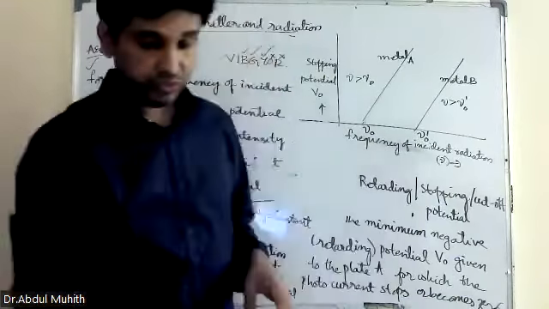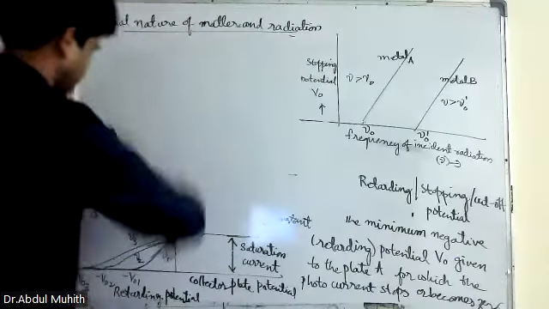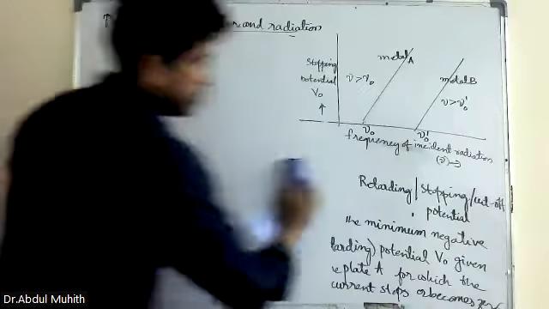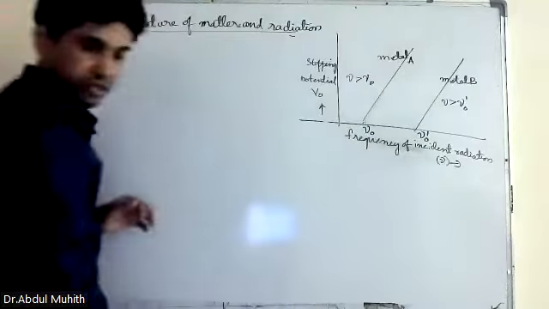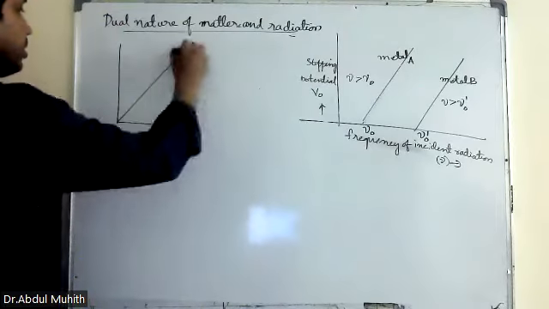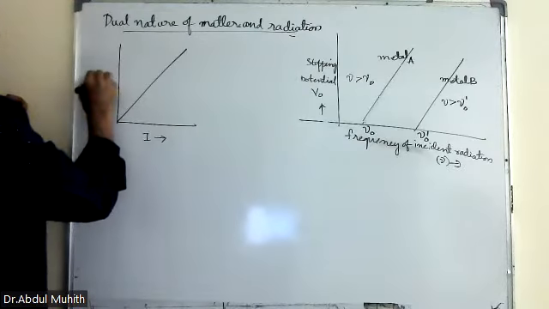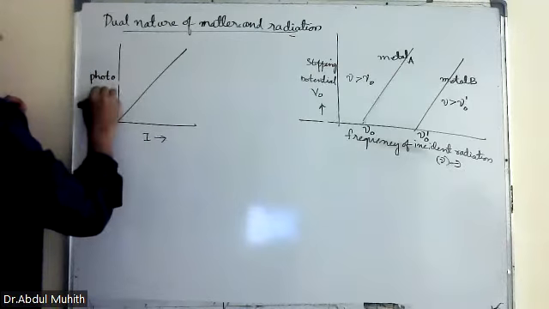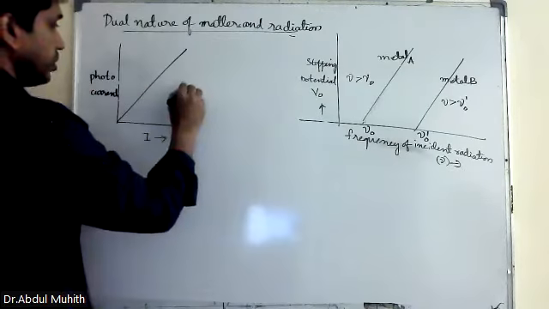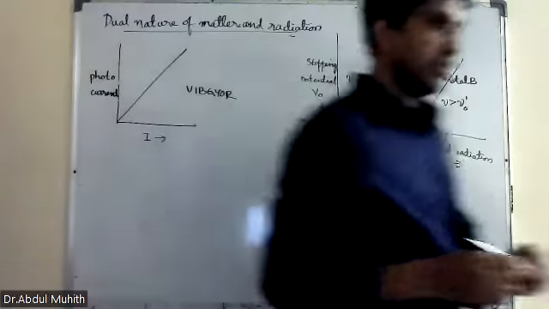I'll draw the first figure here. This is intensity, intensity versus photocurrent. As the intensity increases, photoelectrons also increase. But first, as I told you, it depends upon the frequency of the incident radiation.